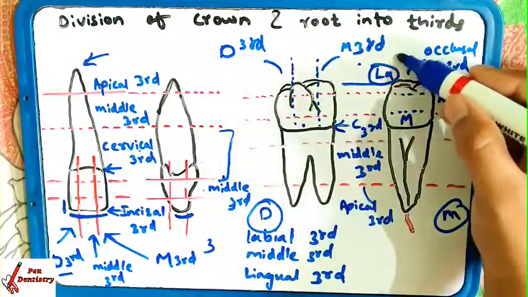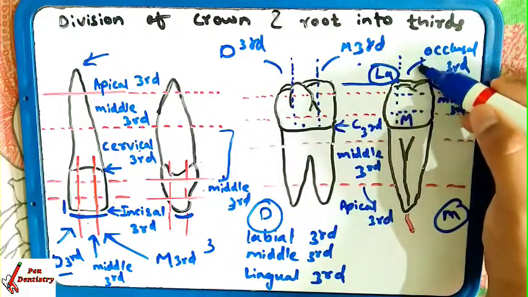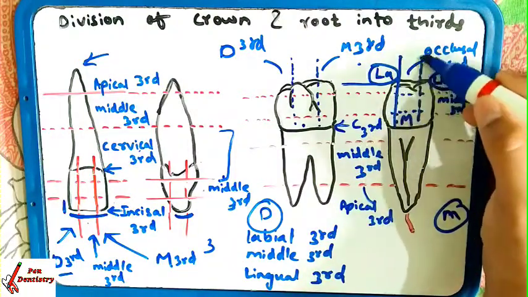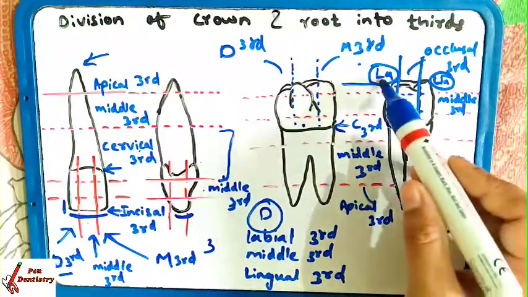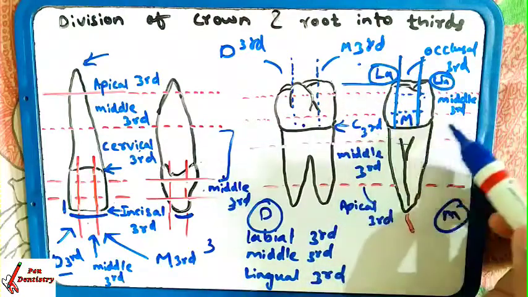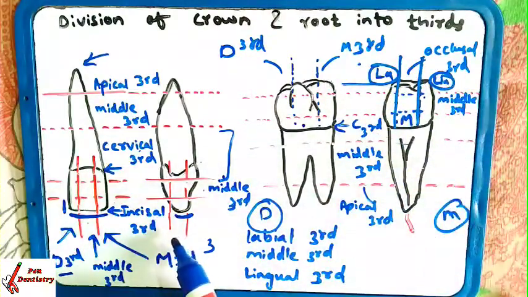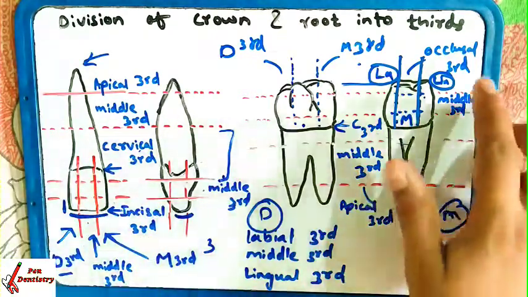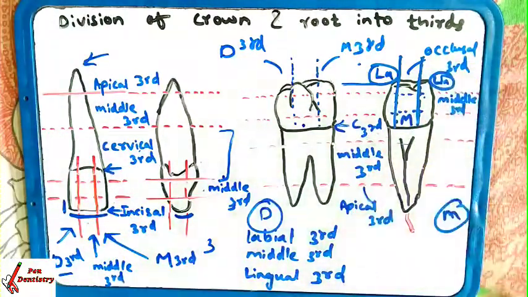So the tooth is divided again into three divisions: the labial third, the lingual third, and the middle third. This division is the same as that of the anterior teeth. So both the teeth have the same division, but the names are different only at the incisal and the occlusal one. Rest everything is the same in both the anterior as well as the posterior teeth, the crown name as well as the root name.